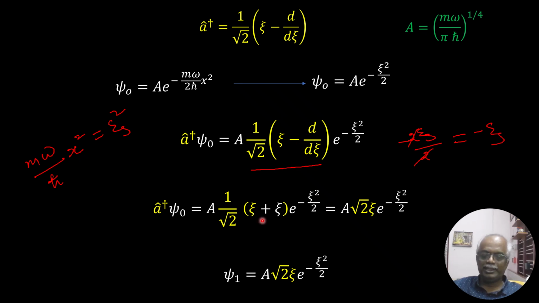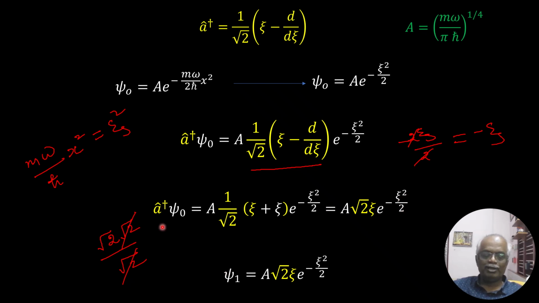So z plus z, then this exponential term. This will be 2 times z. So 2 over square root of 2. 2 can be written as square root of 2 into square root of 2. Here you have square root of 2, so one square root of 2 will get cancelled. So you will get A, then square root of 2, then z e to the power minus z squared over 2.